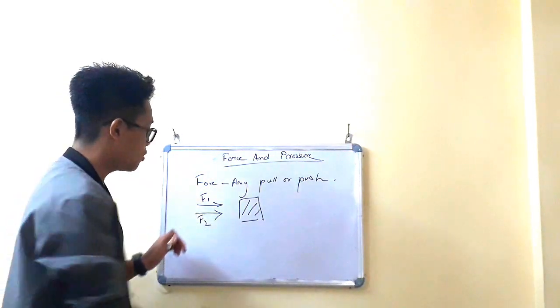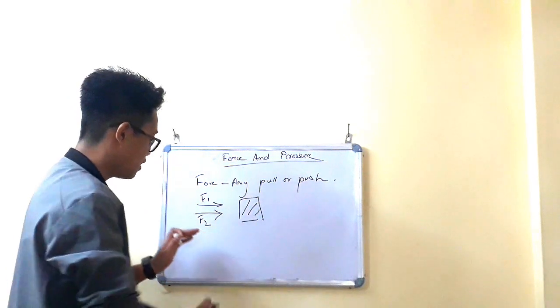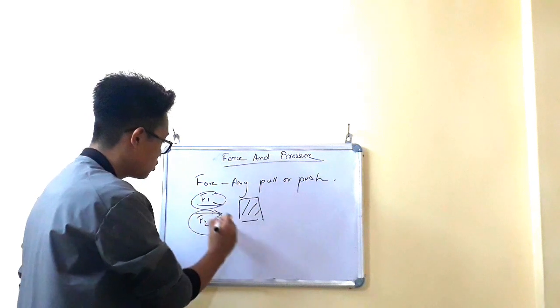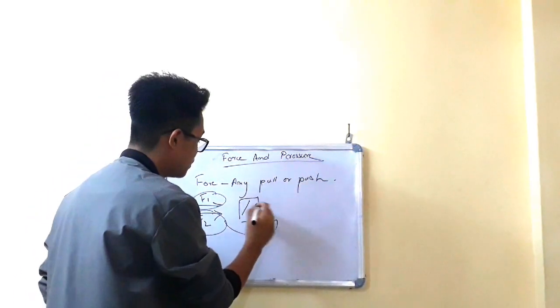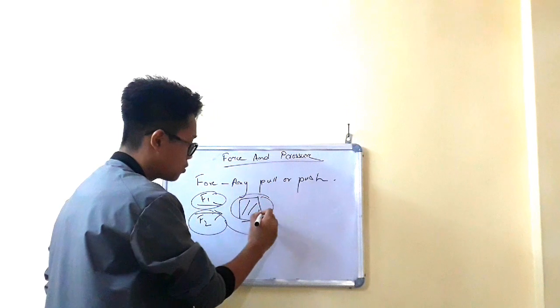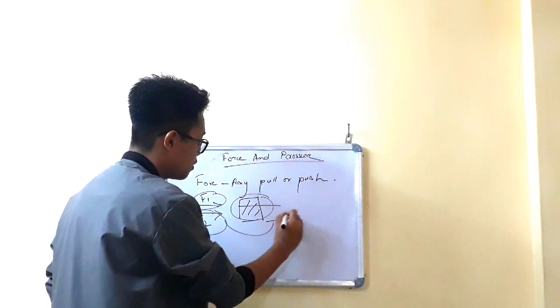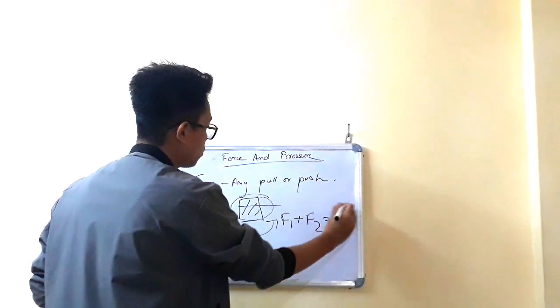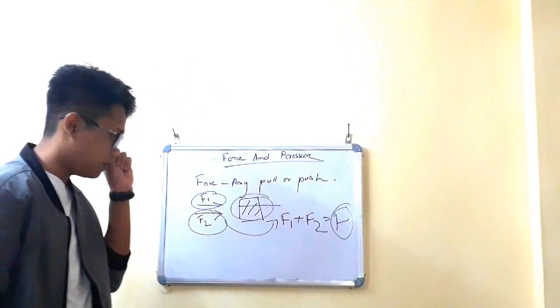If we apply both forces on this object, then the forces add up, and the total force applied on this object will be F1 plus F2. It is a total force, right?